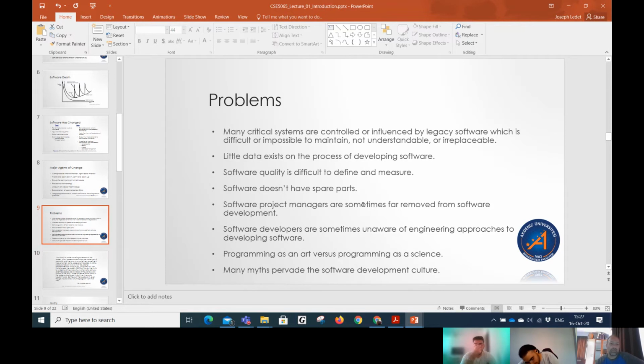Software project managers can sometimes be far removed from software development. They're not involved. In my 10 years of software development, 3 of my years I had software developers as managers, but I spent a 4-year period where my direct manager on the project I was working on had a business degree.